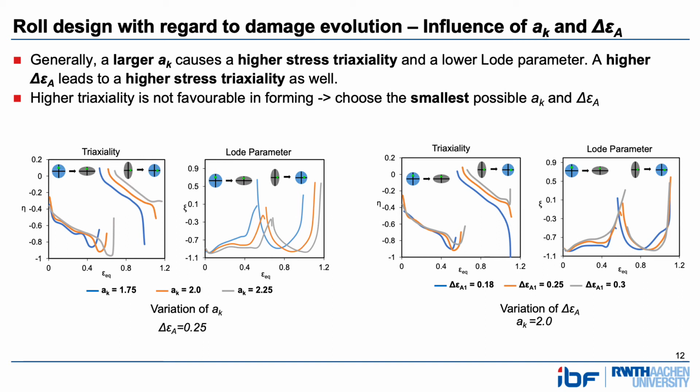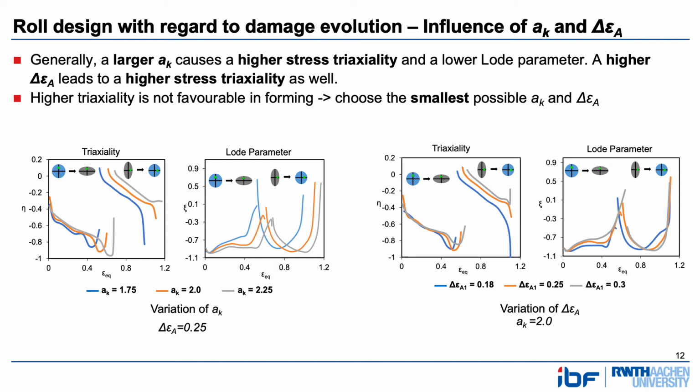The first rolling pass, round to oval, and the second rolling pass, oval to round, are observed separately here, since different stress states arise. As we can see, the variation of aspect ratio and area reduction can notably change the stress triaxiality and load parameter at the material point.